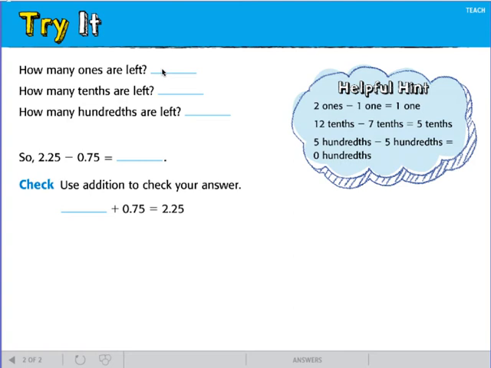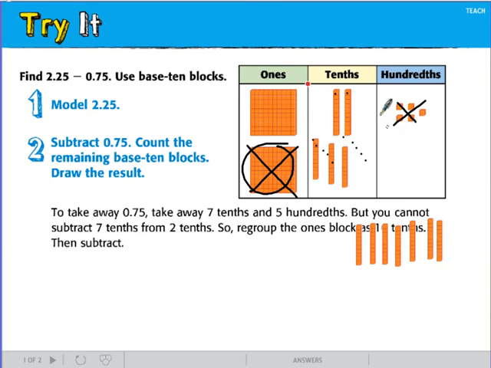So right here, how many ones are left? We said there was 1 one left. And how many tenths? 5. How many hundredths? Let's see. How many hundredths were left?